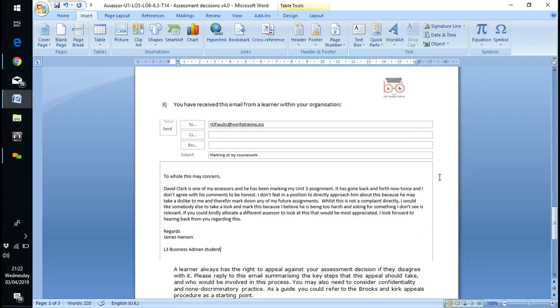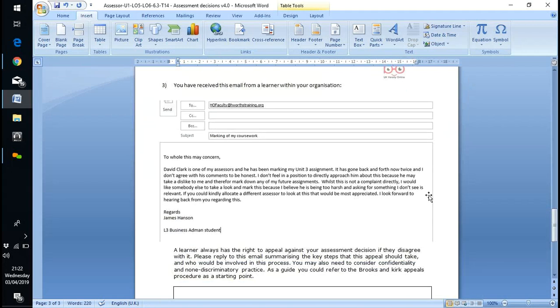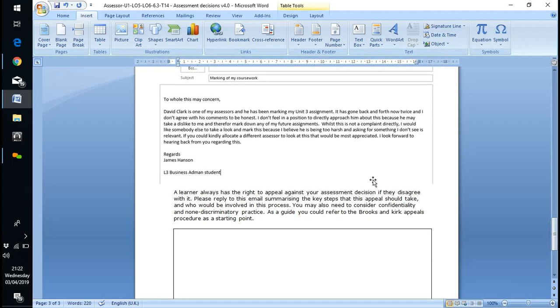This one is quite interesting. You received an email from a learner within your organisation, yeah? And the email says, to whom this may concern: David Clark is one of the assessors who have been marking my Unit 3 assignment. It's gone back and forth now twice, and I don't agree with his comments, to be honest.